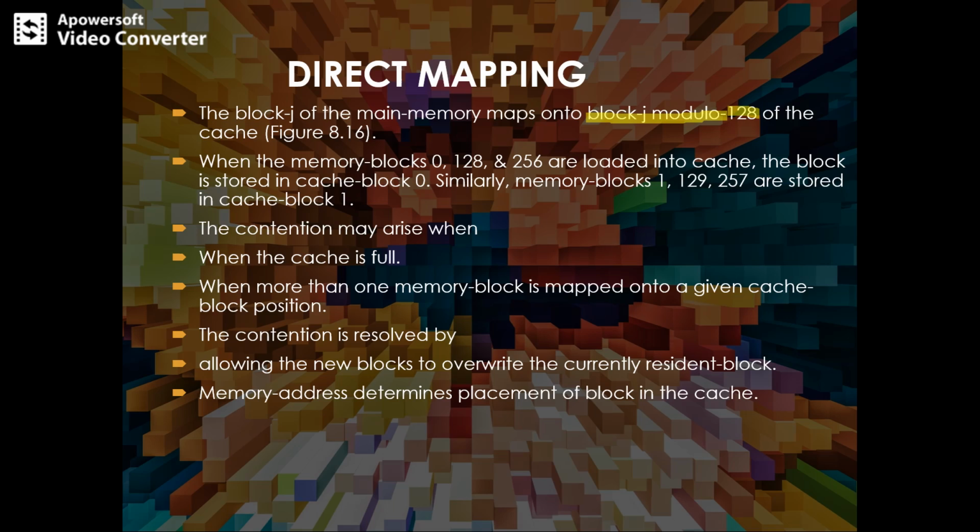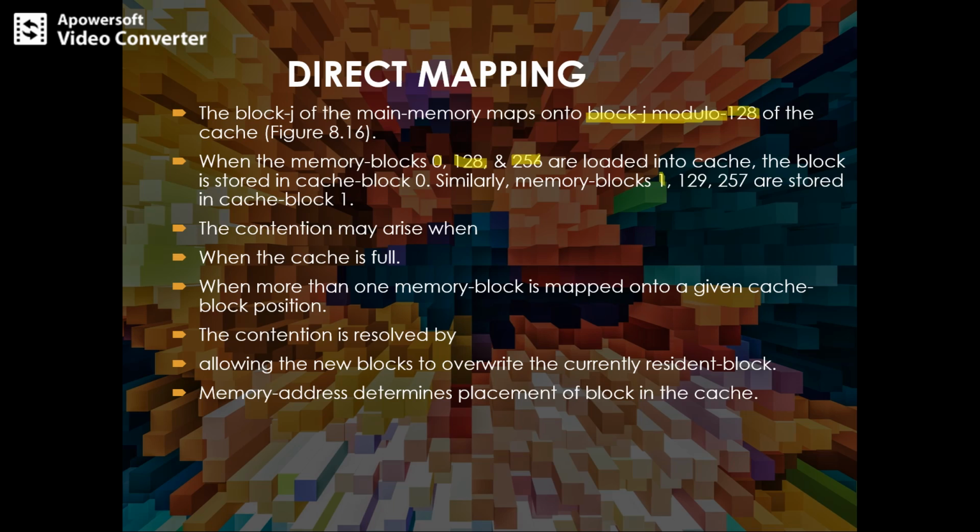We know that we are mapping more than one block from the main memory into the cache. Block 0 of main memory is mapped into block 0 of cache. The 128th block from the main memory is also mapped into block 0 of cache. 256 is also mapped into block 0.